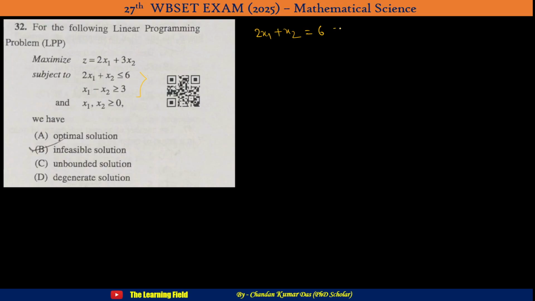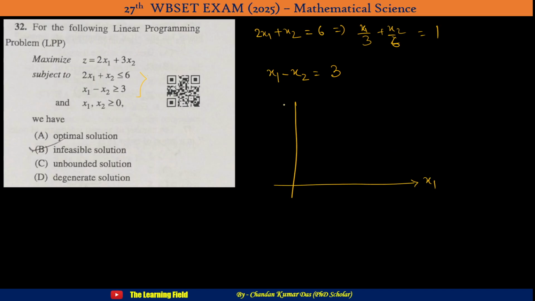If we convert this, we can write x1 by 3 plus x2 by 6 equal to 1. And the second one is x1 minus x2 equal to 3. The equation format. Okay.